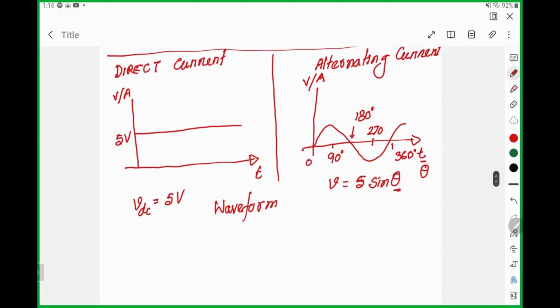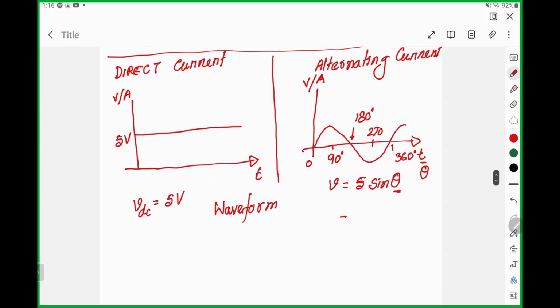Now, usually we don't express in terms of theta. What we do, we write this as sine of omega t. This omega is the angular velocity.